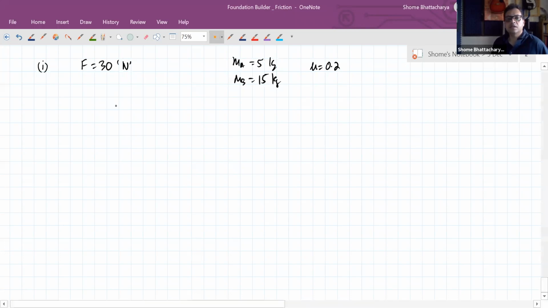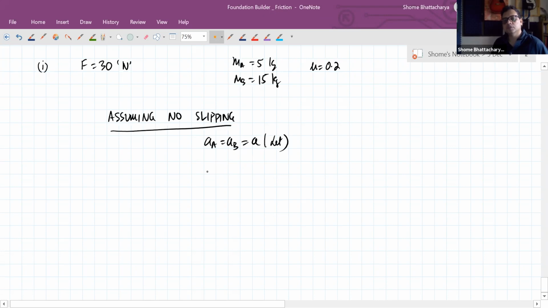So anytime we start a problem like this, we will start by assuming that there is no slipping between the blocks. That is, acceleration of A is equal to acceleration of B is equal to a, suppose. And the friction is static friction, so it's less than or equal to mu n.